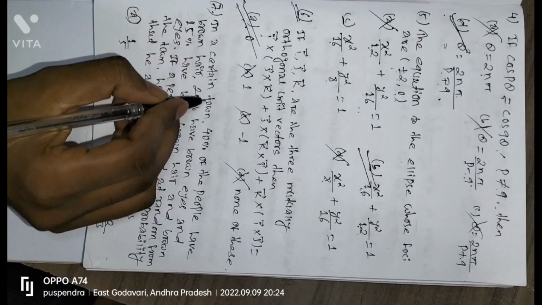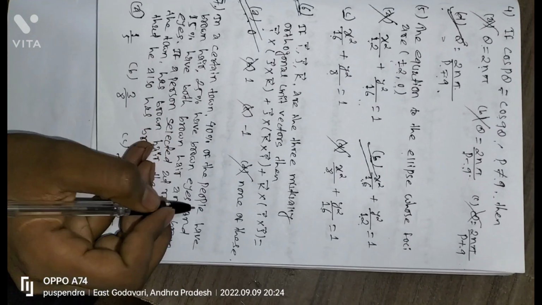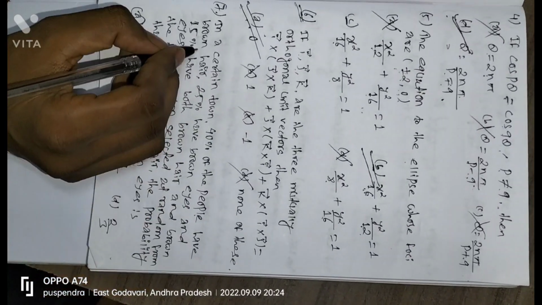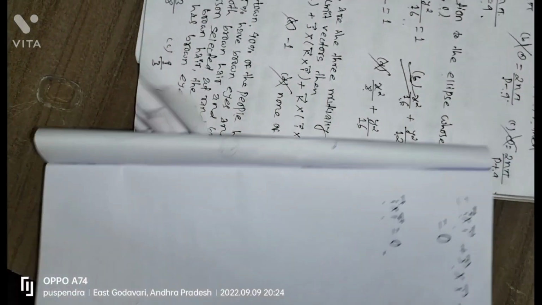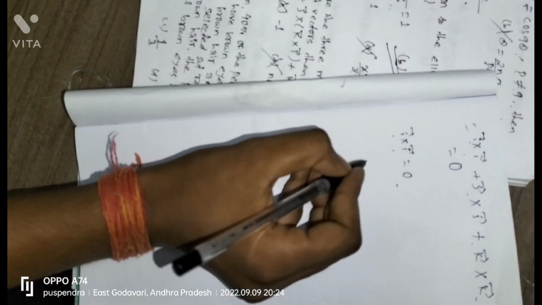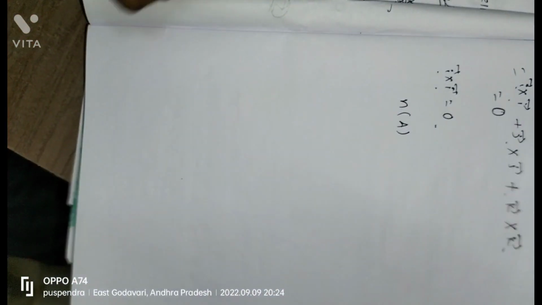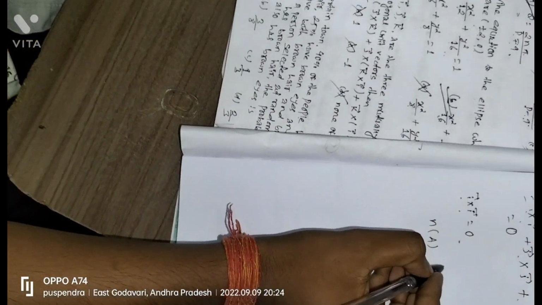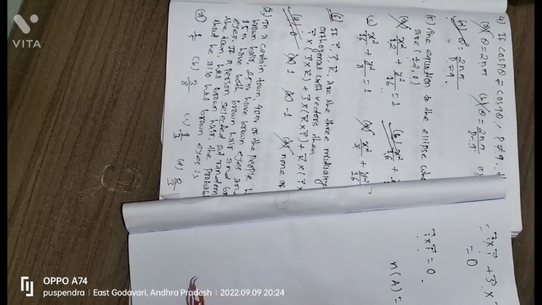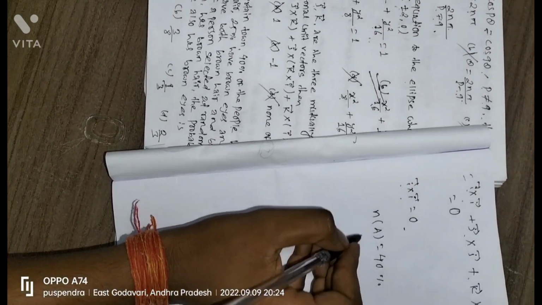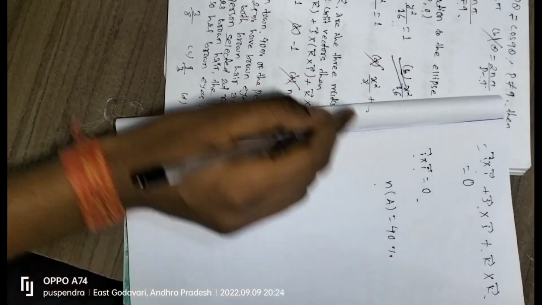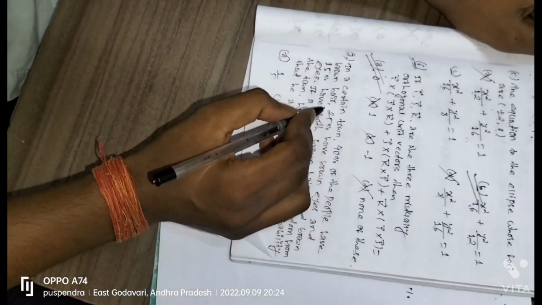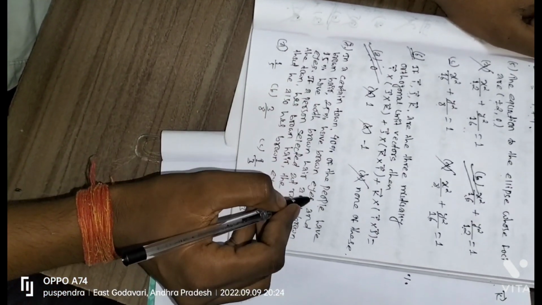In a certain town, 40% of people have brown hair. I'll call this A, the people who have brown hair, so A is 40%. Now, 25% have brown eyes.